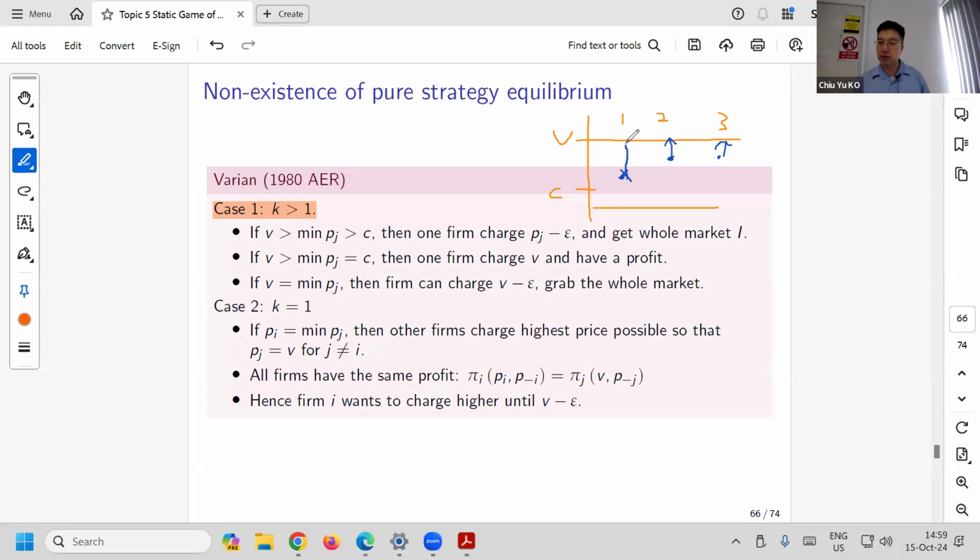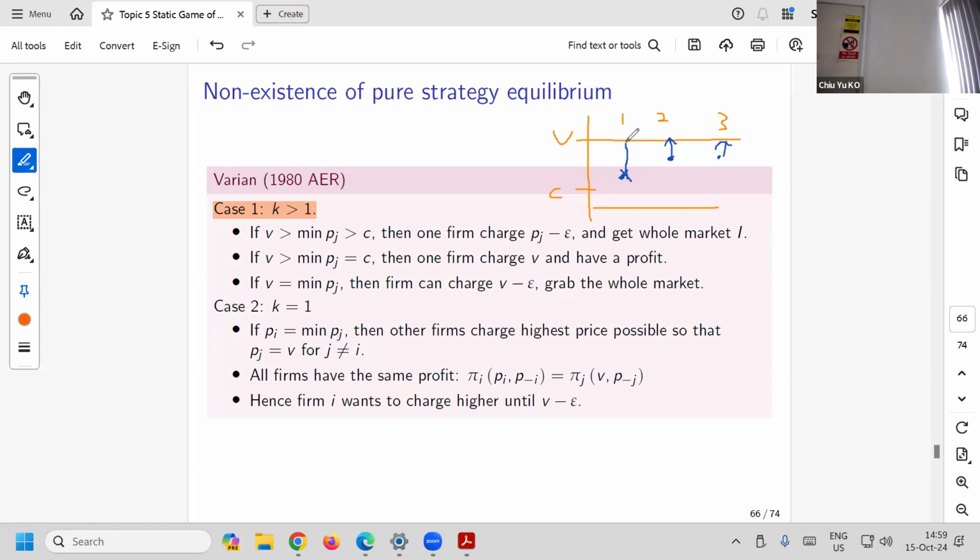But where to stop? Nothing to stop at, because you can keep approaching V but never reach it. There's no such number to stop at. So there's no pure strategy equilibrium.